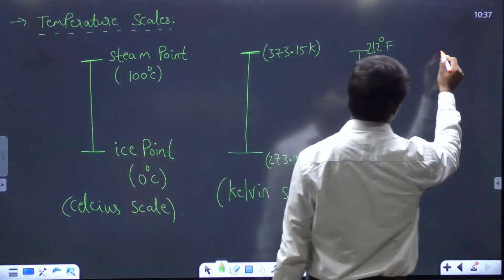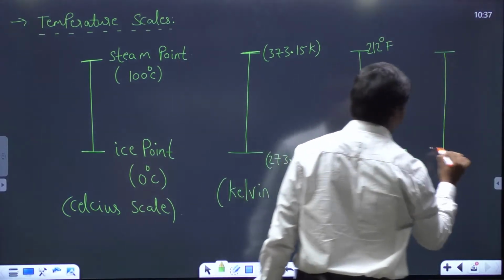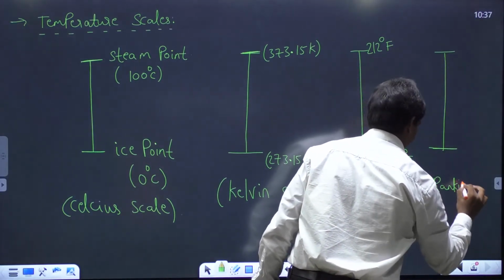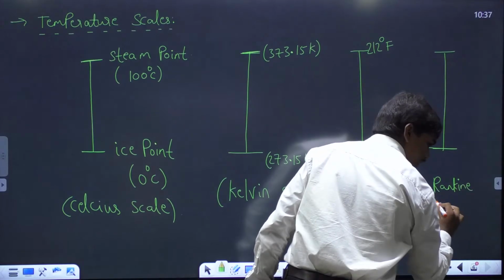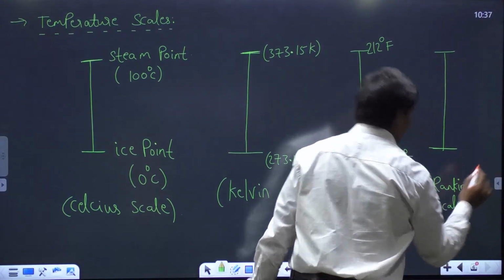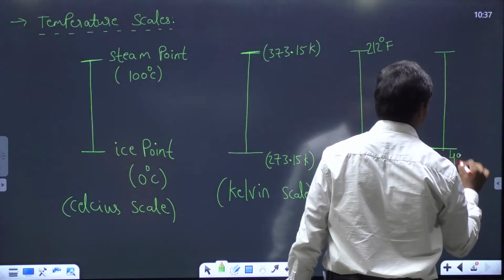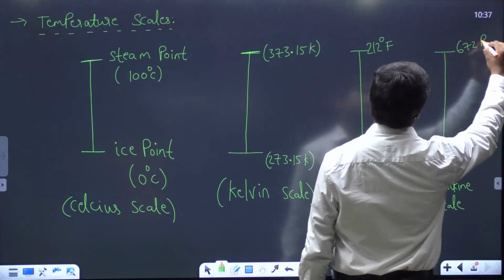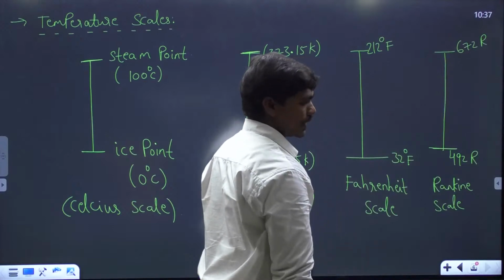And there is one more scale, which is the Rankine scale, where this is 492 Rankine to 672 Rankine. Basically, he also divided this 100 divisions into 180 divisions.